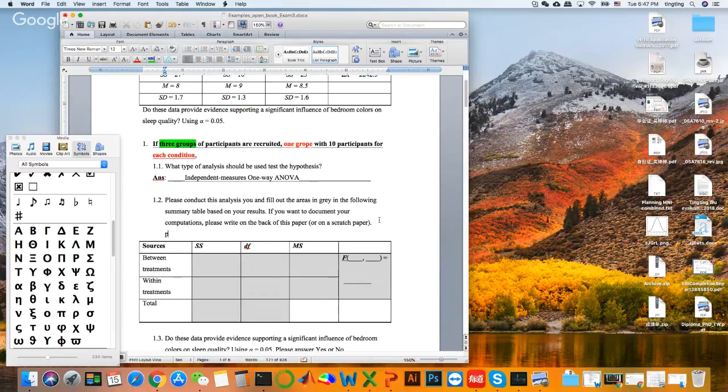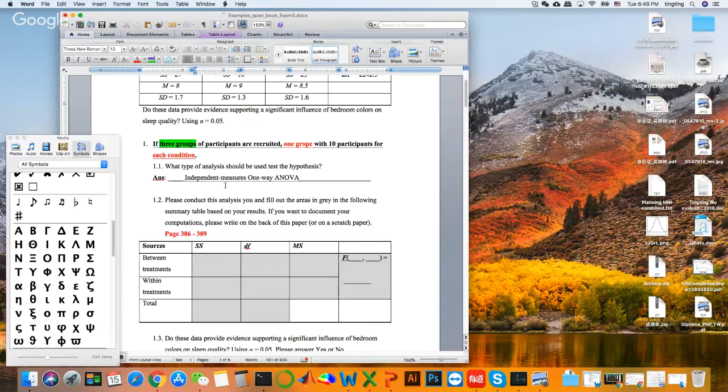From page 386 to 39x. So we need to compute the SS, DF, and the MS, where MS means the variance, right? And F to fill out this summary table.